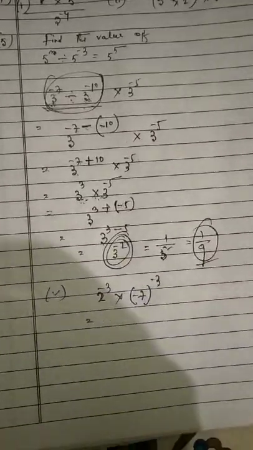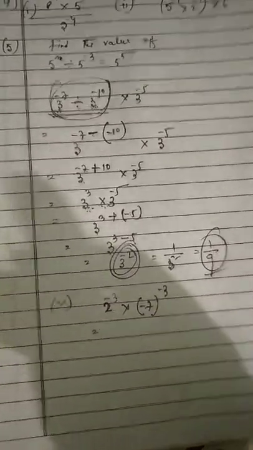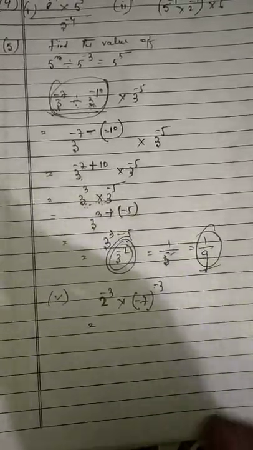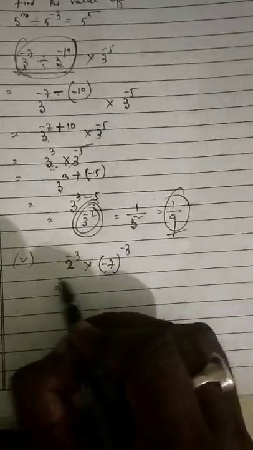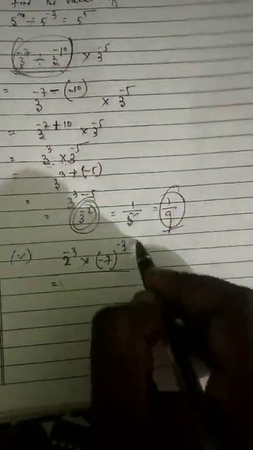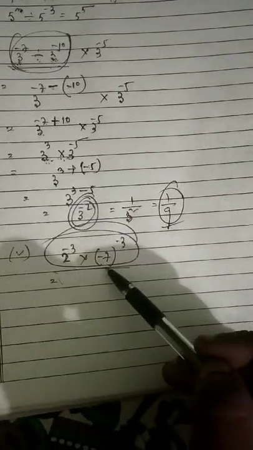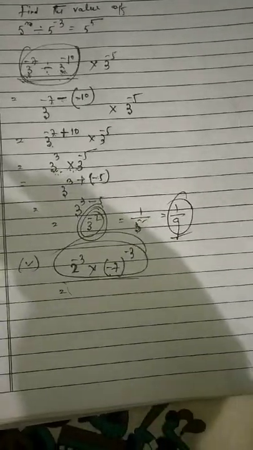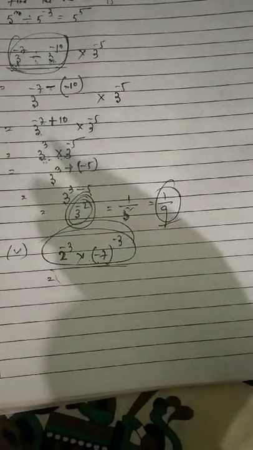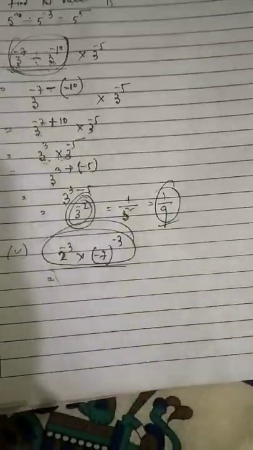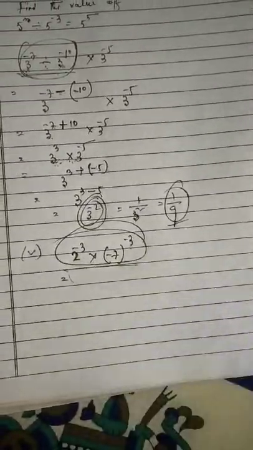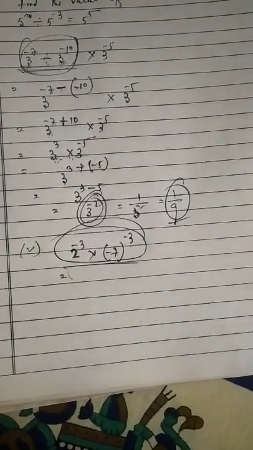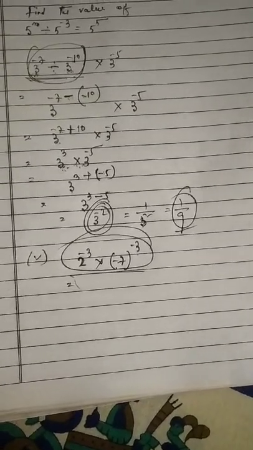Children, what is the actual difference between the question I have just explained and the question I've written right now? In the previous sum, there were same bases but different powers, and they were in division.